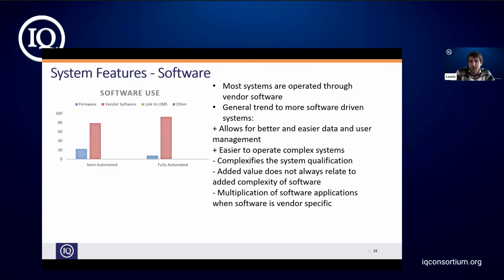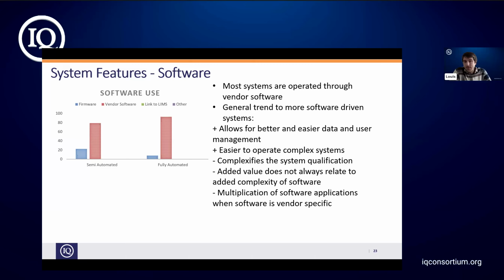There are upsides to it, of course. It allows for better and easier data and user management. And it's often also easier to operate more complex systems. And that's why probably we see also that trend for fully automated systems. There are also some downsides to it. The addition of software complexifies the system qualification, as mentioned before.